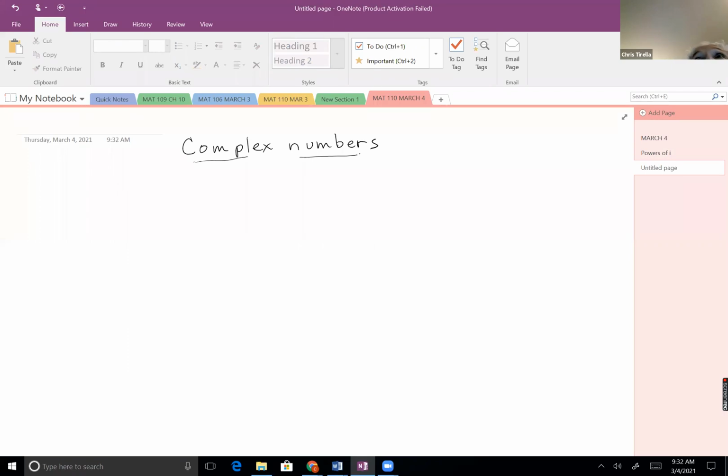And if you start mixing up your real friends with your imaginary friends, your life gets complicated, right? And so those become our complex numbers. They're when we combine the real numbers with the imaginary numbers. And so they'll be numbers of the form, standard form is a plus bi, where a and b are real numbers.